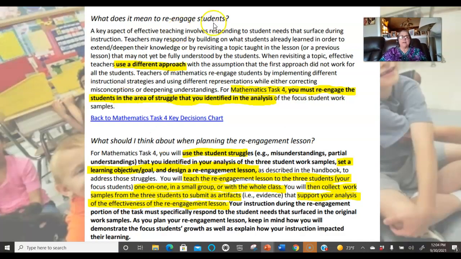So what does it mean to re-engage students? It means to reteach and remediate. That's what it means. But you need to use a different approach. When revisiting a topic, effective teachers use a different approach. I'll never forget one time I went to a fly fishing class on casting, and not much fun.